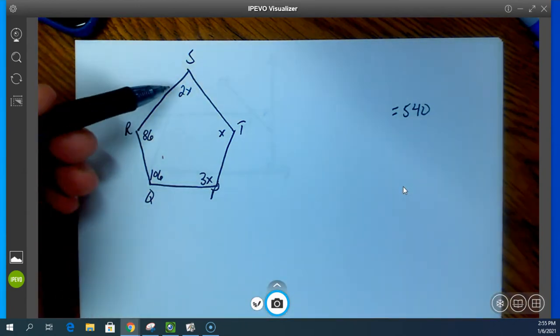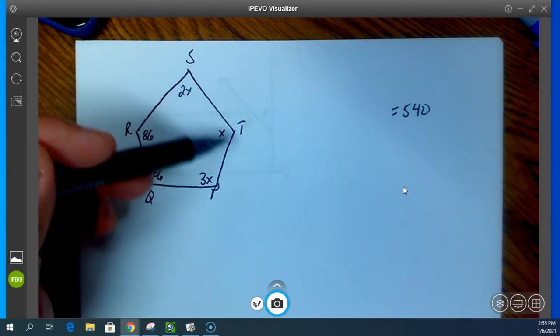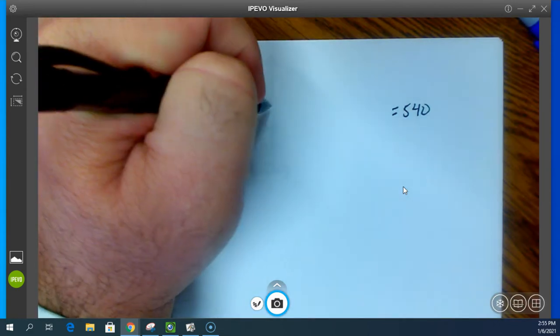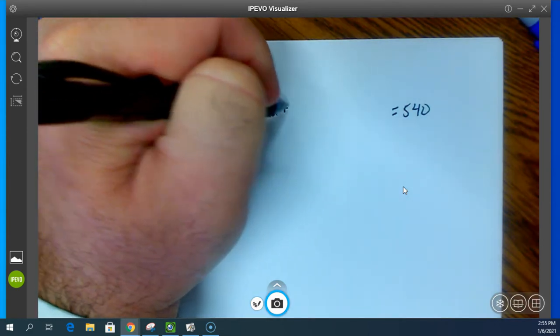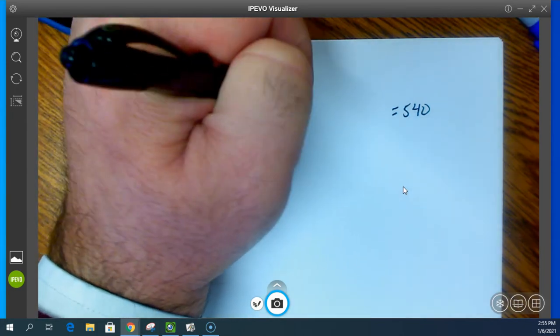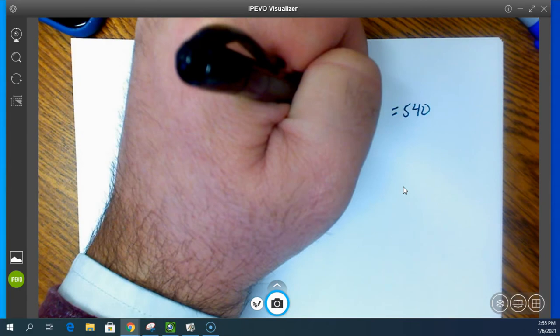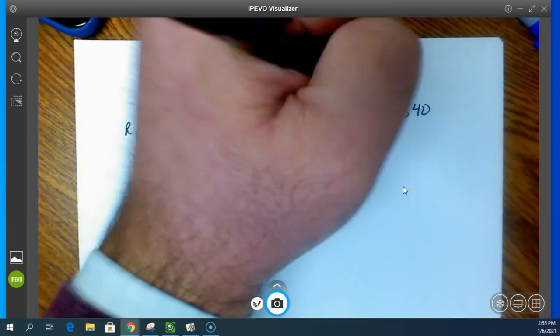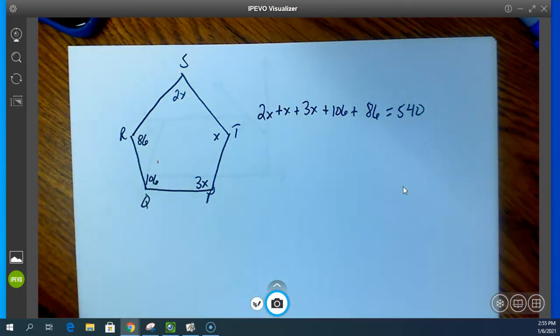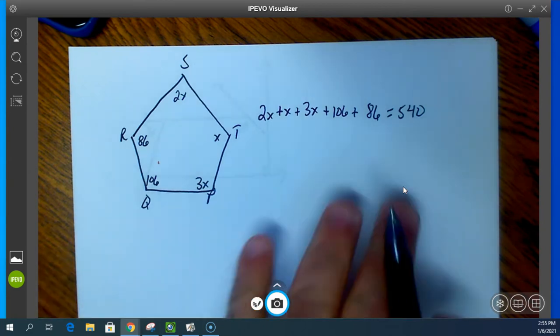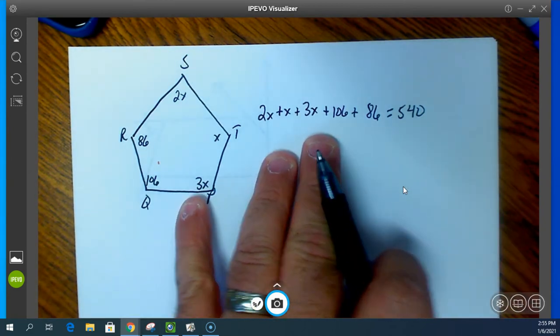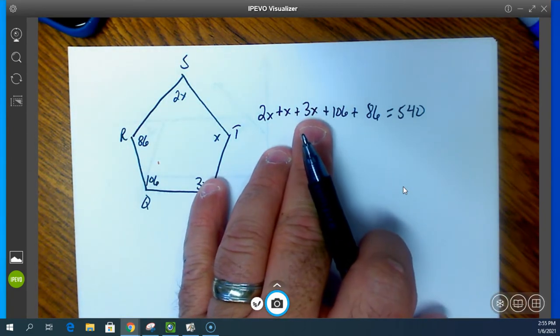So I usually start at the top and go clockwise. So I'm going to start with 2x plus x plus 3x plus 106 plus 86.